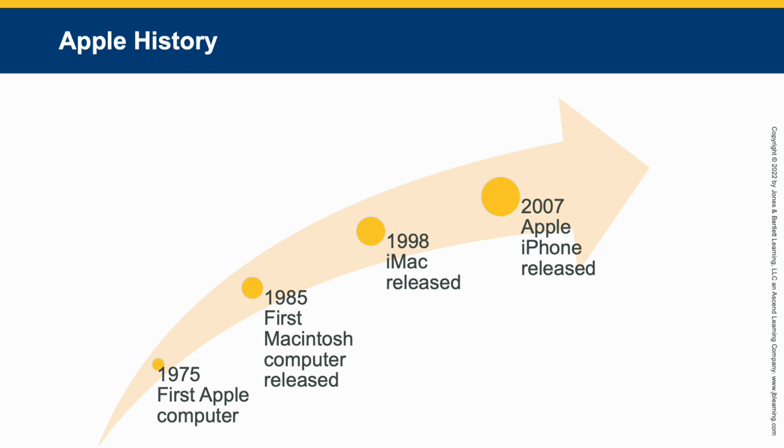Apple's history begins in 1975 when Steve Jobs and Steve Wozniak, two young electronics enthusiasts, started attending meetings of the Homebrew Computer Club in California. This club was a gathering place for hobbyists interested in the fledgling field of personal computing.